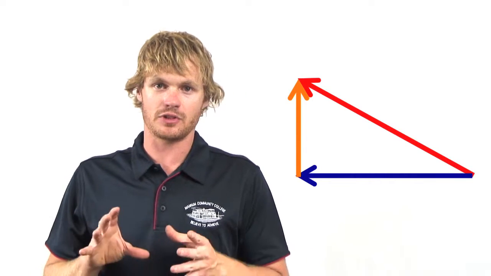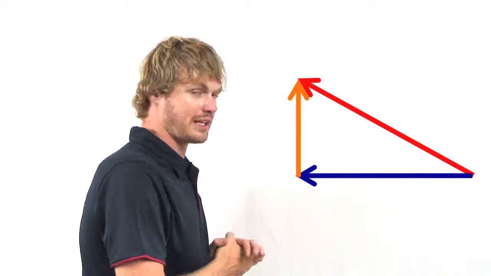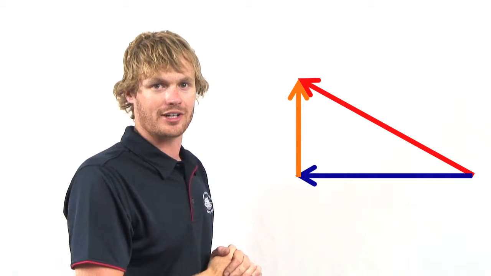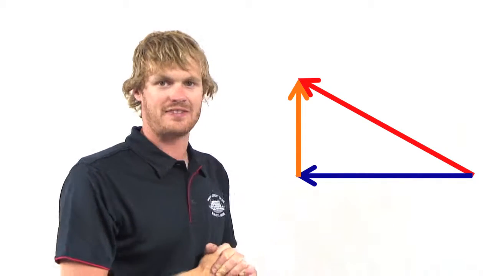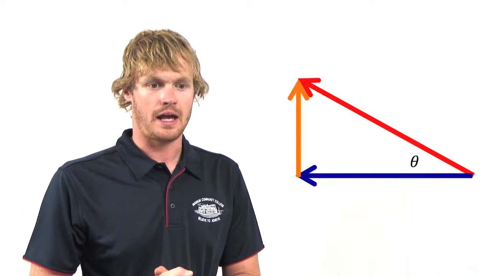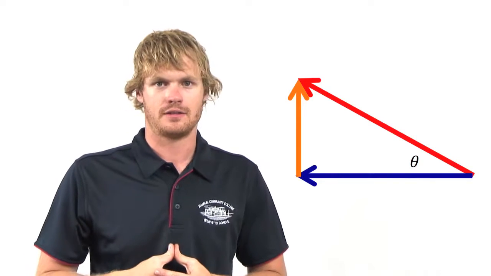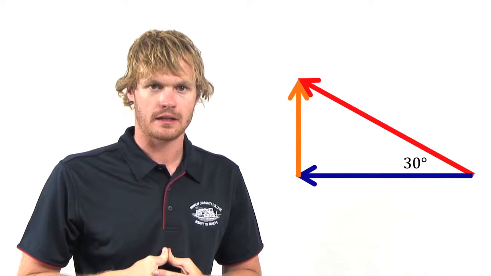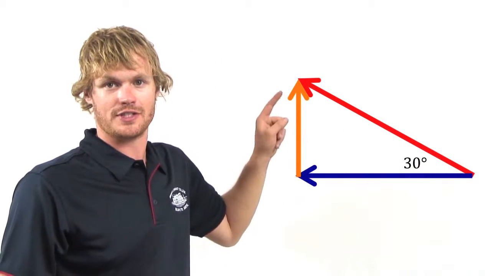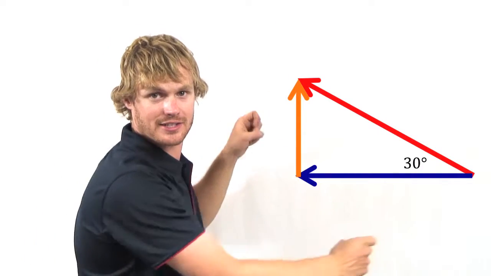If we then want to find out the magnitude of these components, we can apply trigonometry. So this is a right angle triangle. If I have an angle, so if I call this angle down here theta, and I'm going to give theta a magnitude of say 30 degrees, knowing that angle and knowing the magnitude of this vector here, we can calculate any one of these sides.